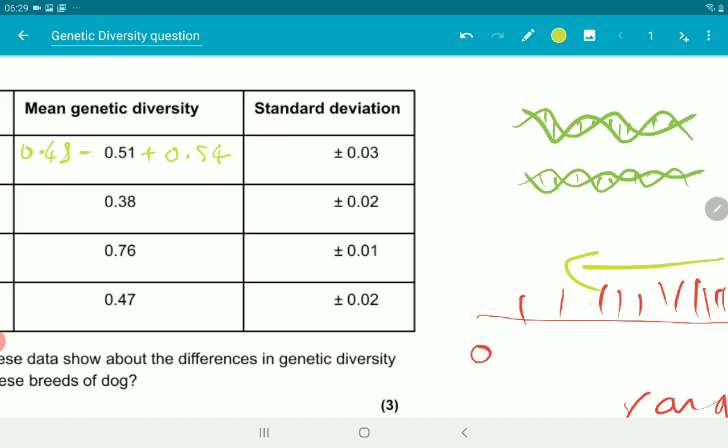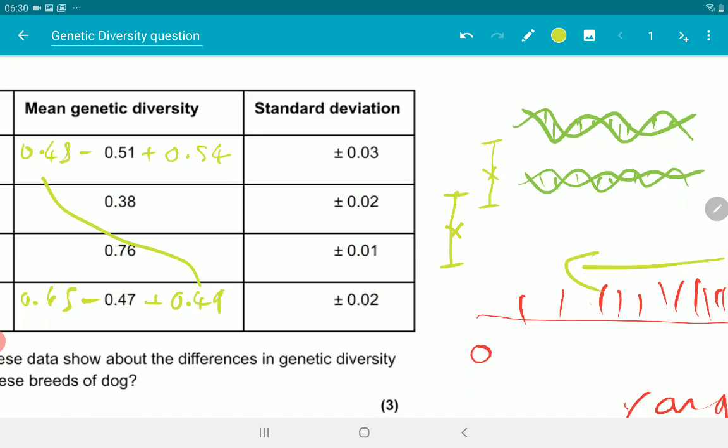And with a standard deviation of 0.02, this becomes 0.49 if we add a standard deviation, and 0.45 if we take one away. But these now overlap. So graphed, what we find is that even though the mean is outside of the other data set's standard deviation, the standard deviations overlap.